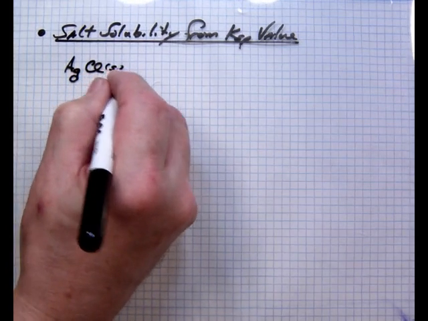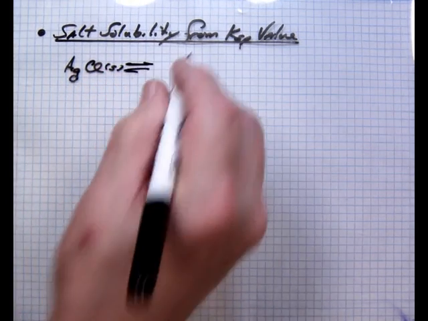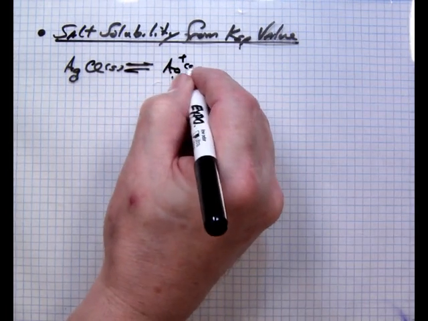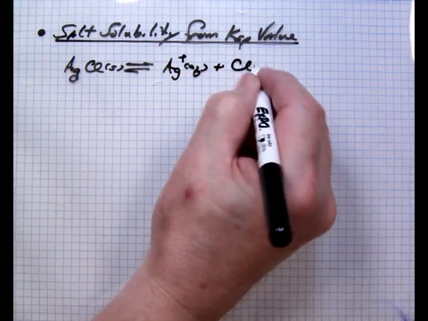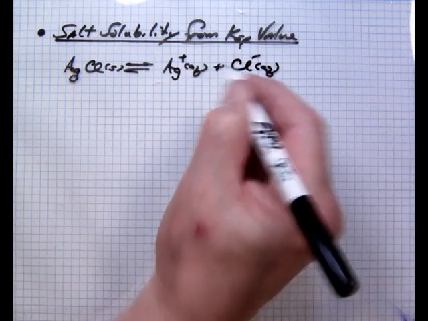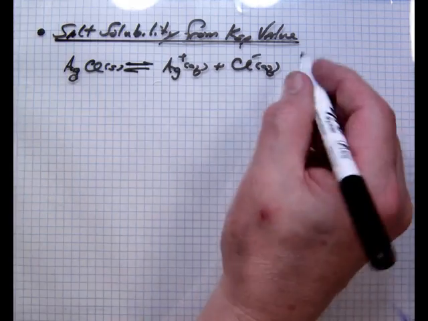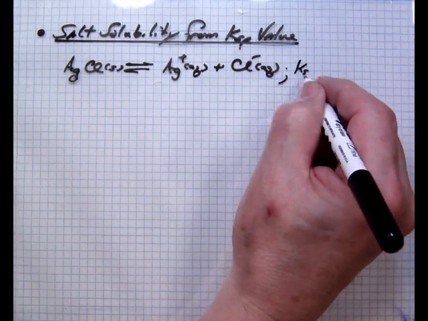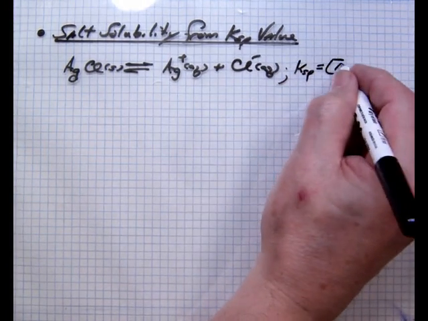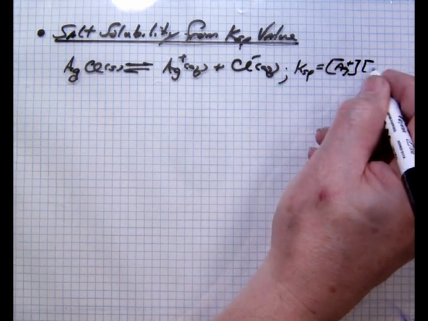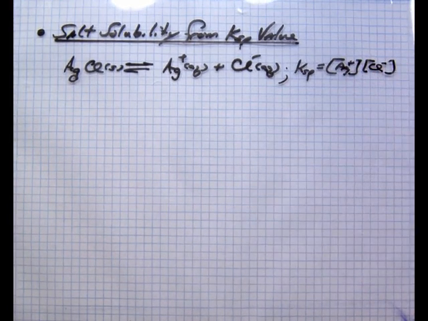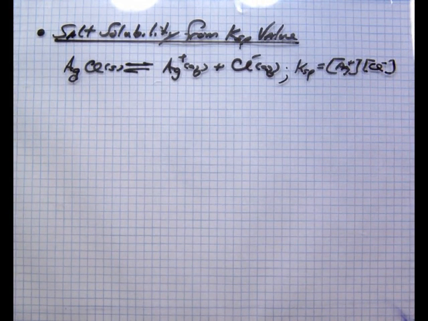Silver chloride as a solid delivers silver ions and chloride ions in equal amounts in a 1-to-1 ionization ratio. The Ksp expression for this is silver ion concentration times the chloride ion concentration, like that.